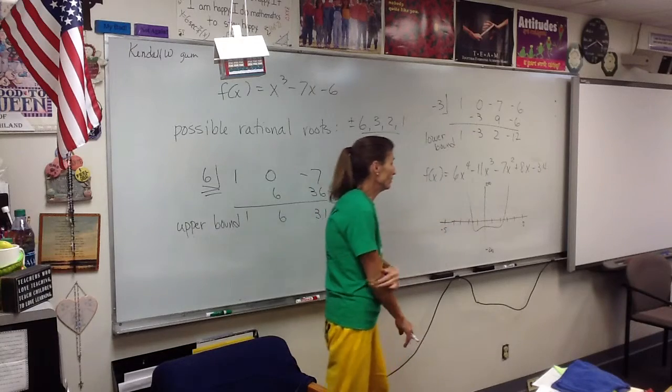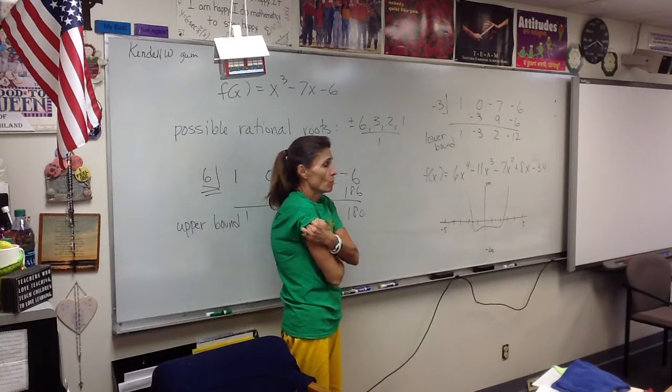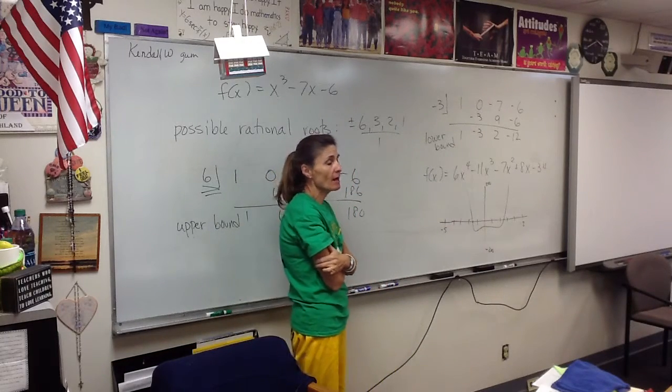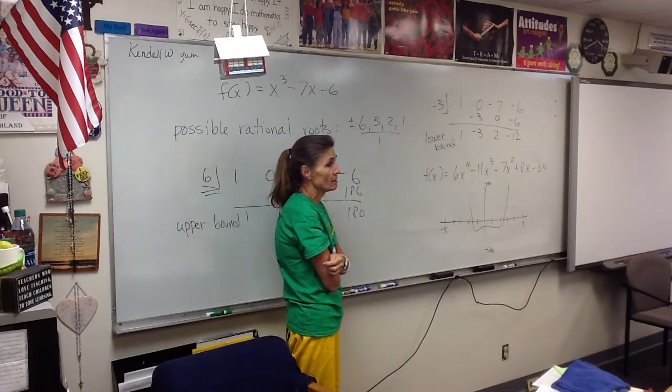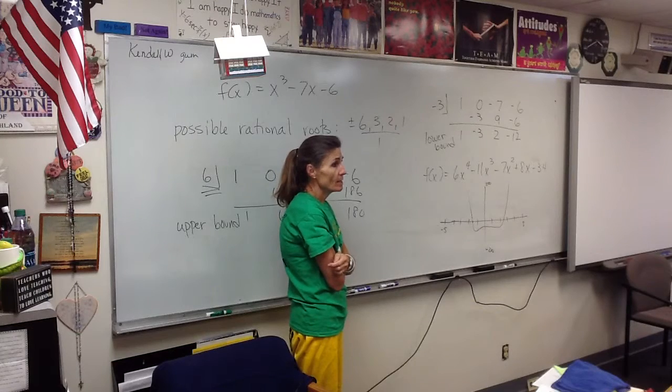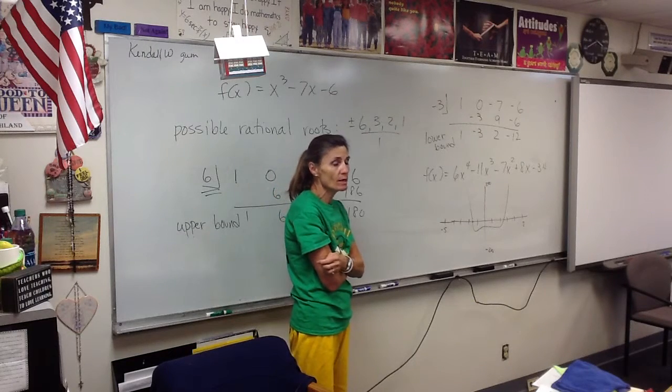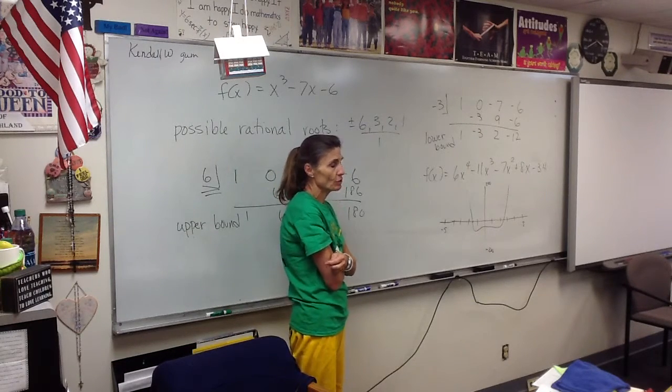Degree of this polynomial? 4. Potentially then, how many times could it cross the x-axis? 4 times, right? How many times can we see in the window that they gave us? 2.